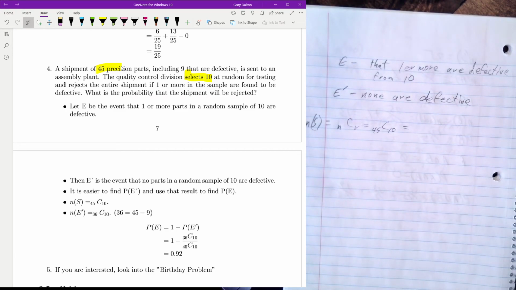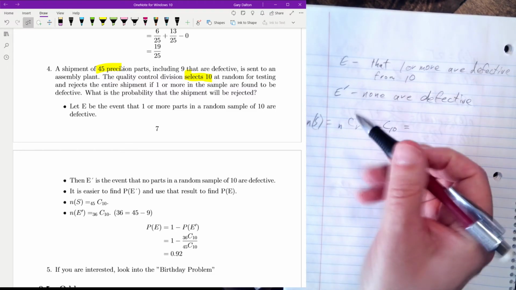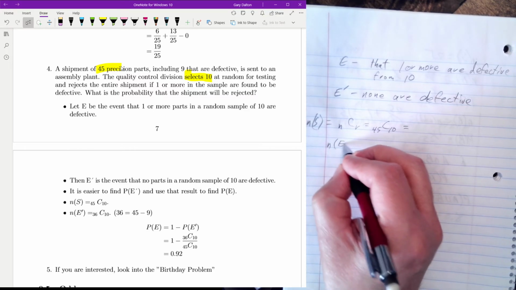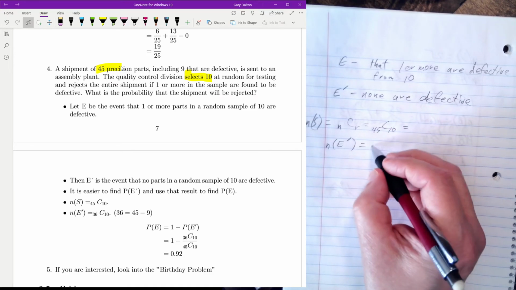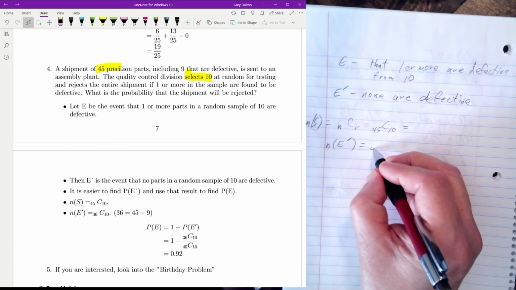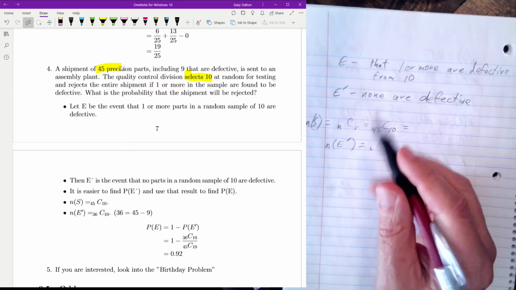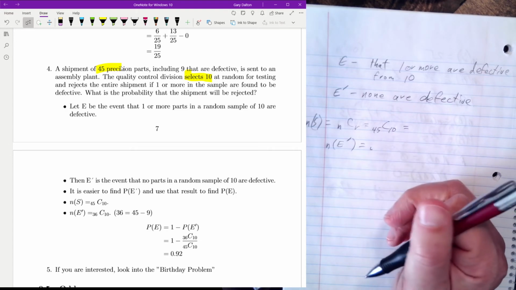And then there are 9 of them that are defective, so we cannot select one of those 9. We want that none are defective, so then the number in not E is equal to N, like still 45. No, it's not 45, is it? Of course not. It's 45 minus 9, right?